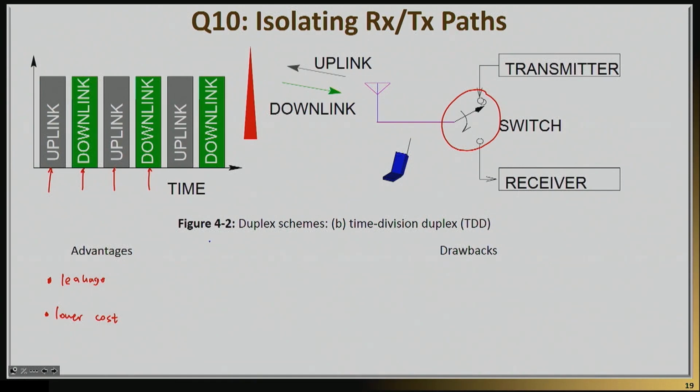There are some drawbacks. Probably the biggest drawback is that you're not alone. And here's what I mean by that. Yes, at time slot 2, you're listening, but the rest of the world doesn't simply shut down just because you're trying to listen. So neighboring transmitters will actually still transmit.